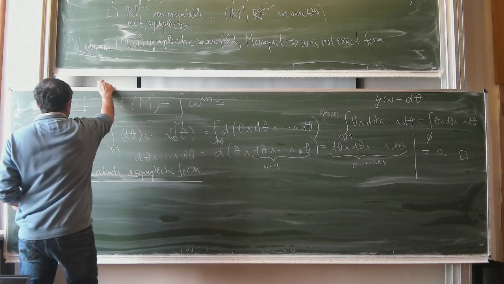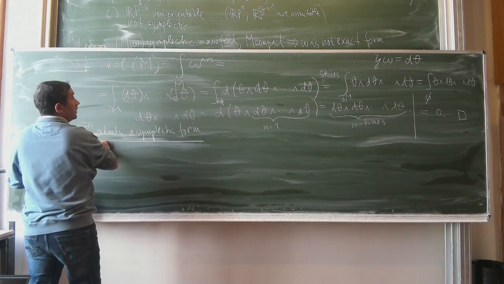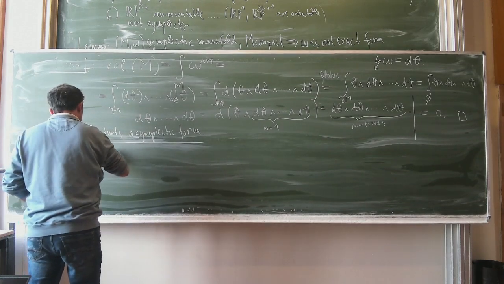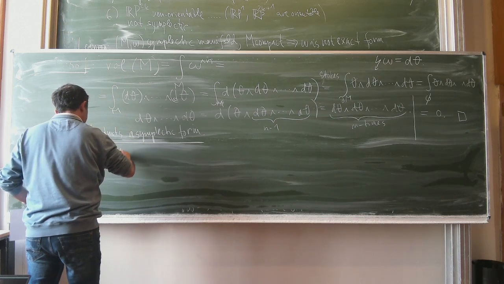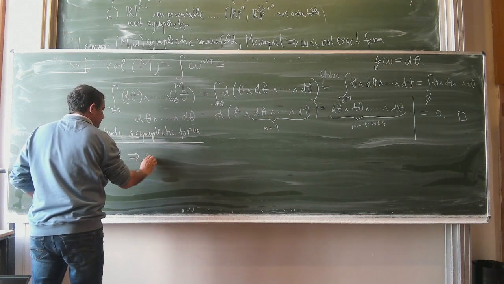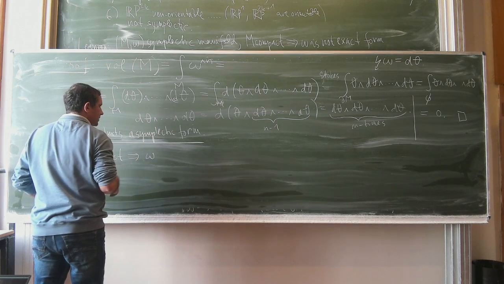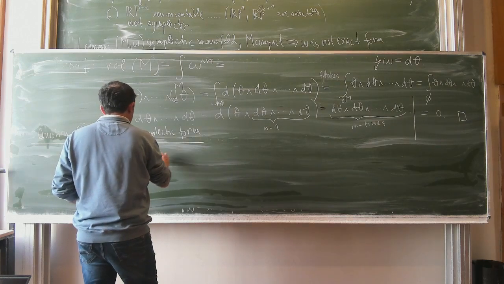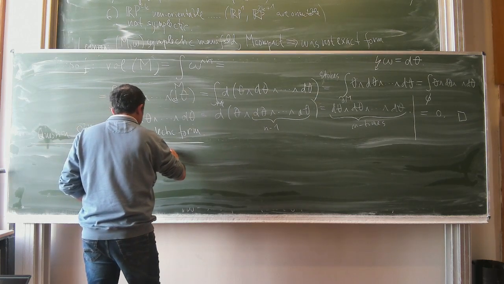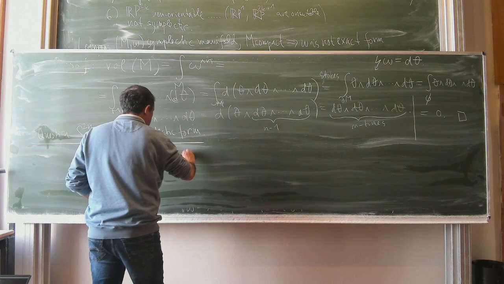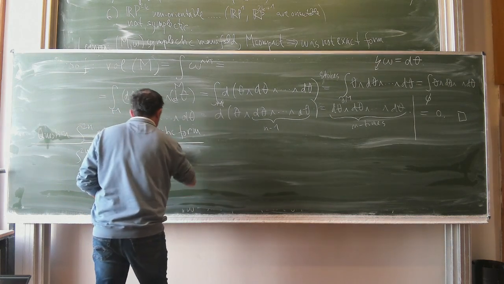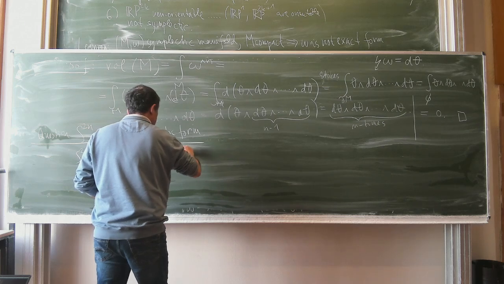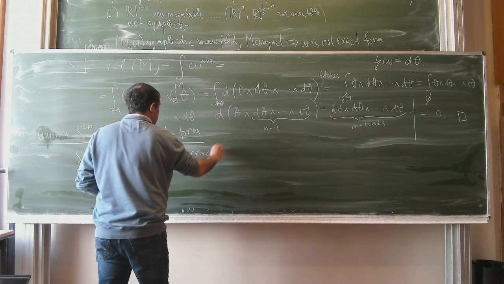S^2n is compact. The proposed omega cannot be exact. It's not exact.